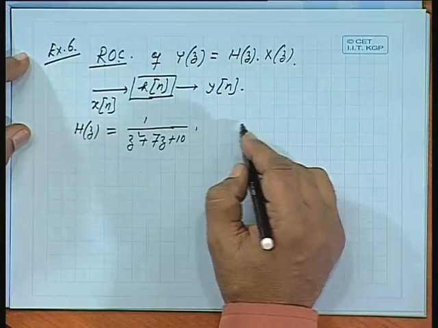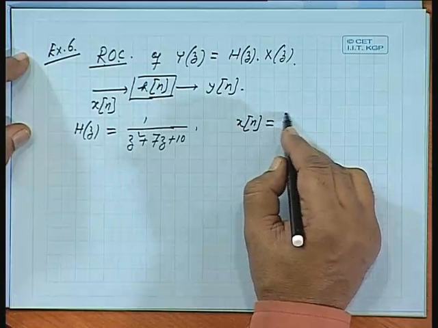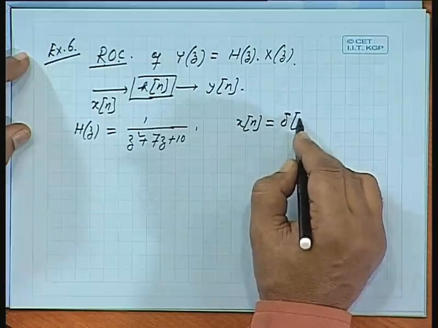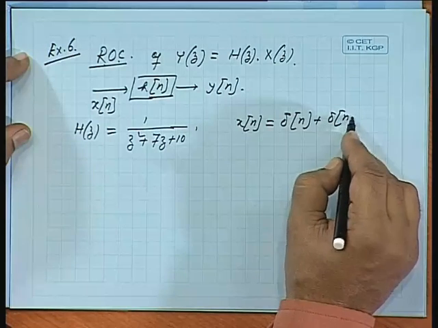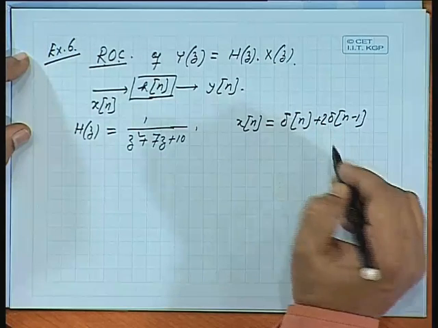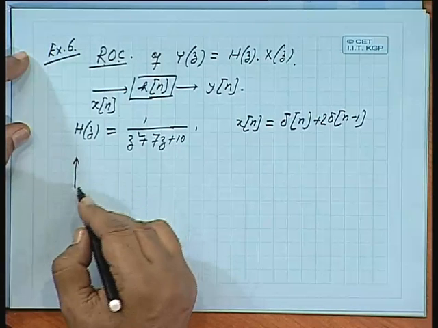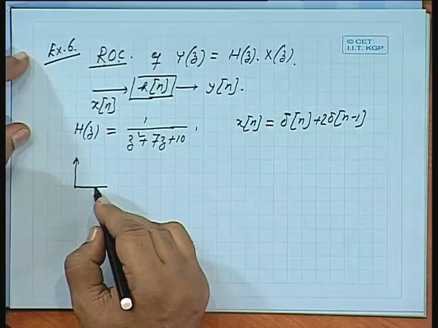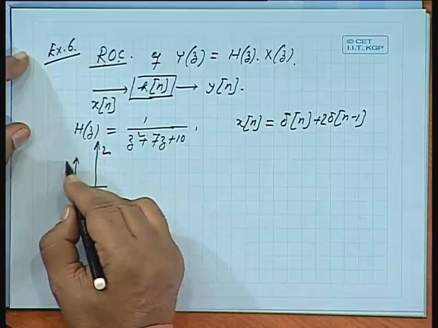okay, and XN is given as delta n plus 2 times delta n minus 1. That means you are giving an input of 1 and 2.